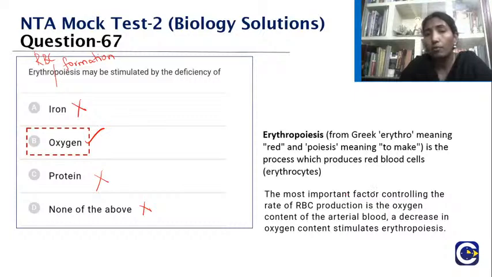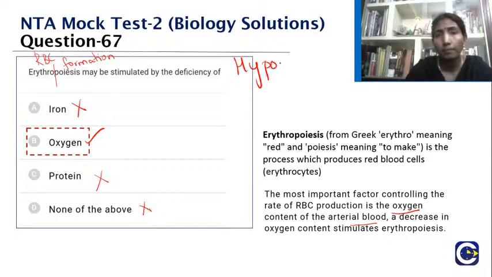So the most important factor that is controlling the RBC production is oxygen, particularly in the arterial blood. Any decrease will stimulate erythropoiesis. So we use a term called hypoxia. Hypoxia means decreased oxygen is delivered to the tissues.